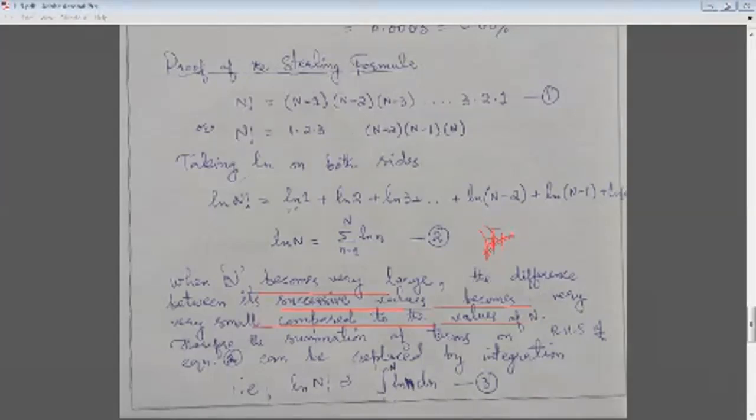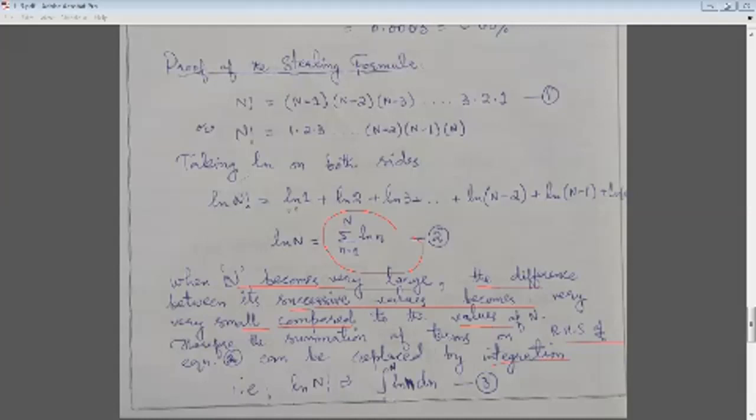So basically, when this n, that means the number of molecules or entities, becomes very large, the difference between its successive values becomes very small compared to the values of n. Therefore, this summation of terms on the right hand side of the equation can be replaced simply by integration.